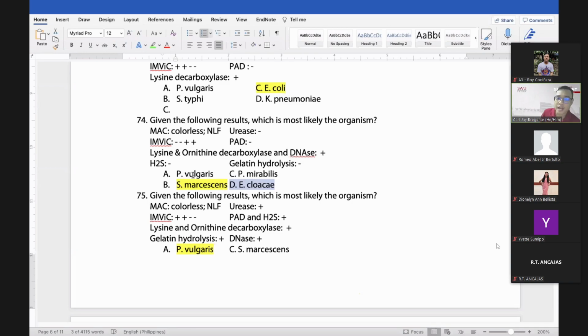You go to the test that is surely positive for vulgaris or Proteus. Remember, Proteus vulgaris is H2S positive and phenylalanine deaminase positive. Since these are negative, Proteus vulgaris and mirabilis are already ruled out. So what remains is Serratia marcescens. So that is the answer.